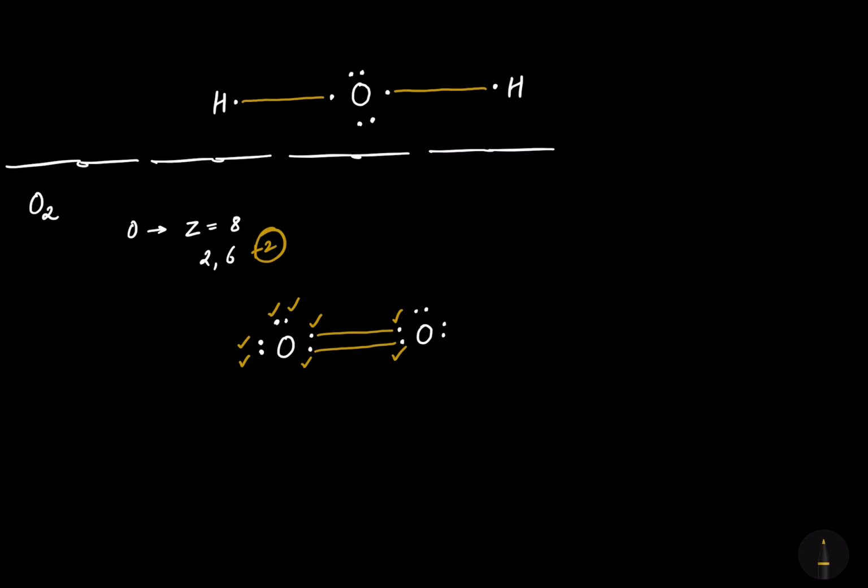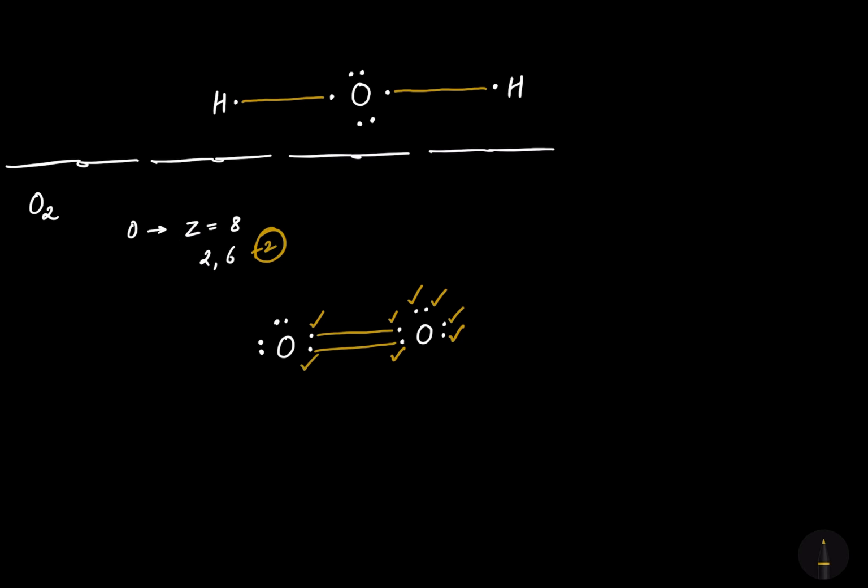Now let's talk about the number of outer electrons for the second oxygen atom after formation of two covalent bonds. That's the first electron, the second, the third, the fourth, the fifth, sixth, seventh, and the eighth.